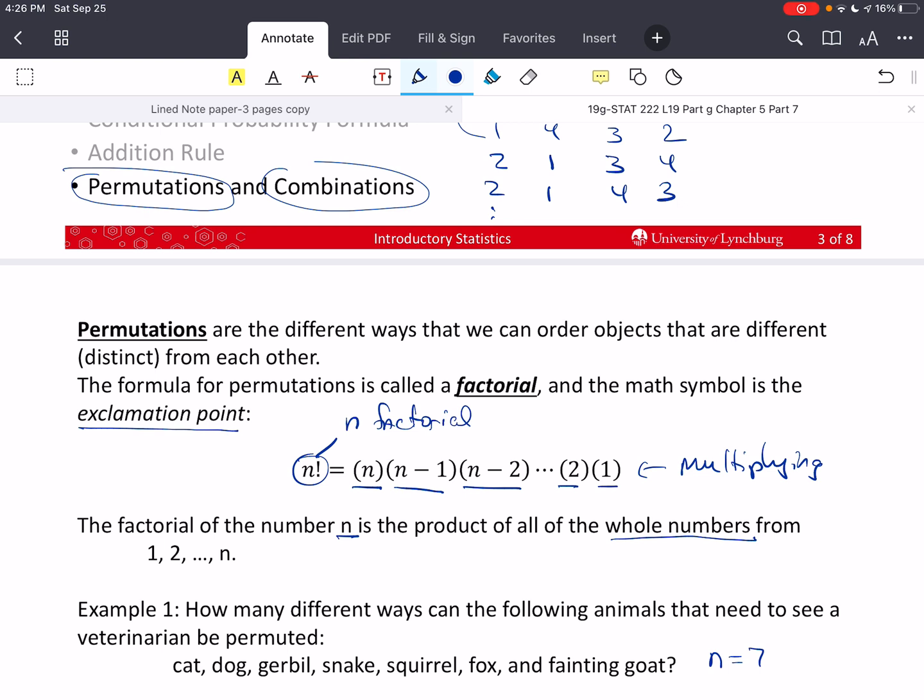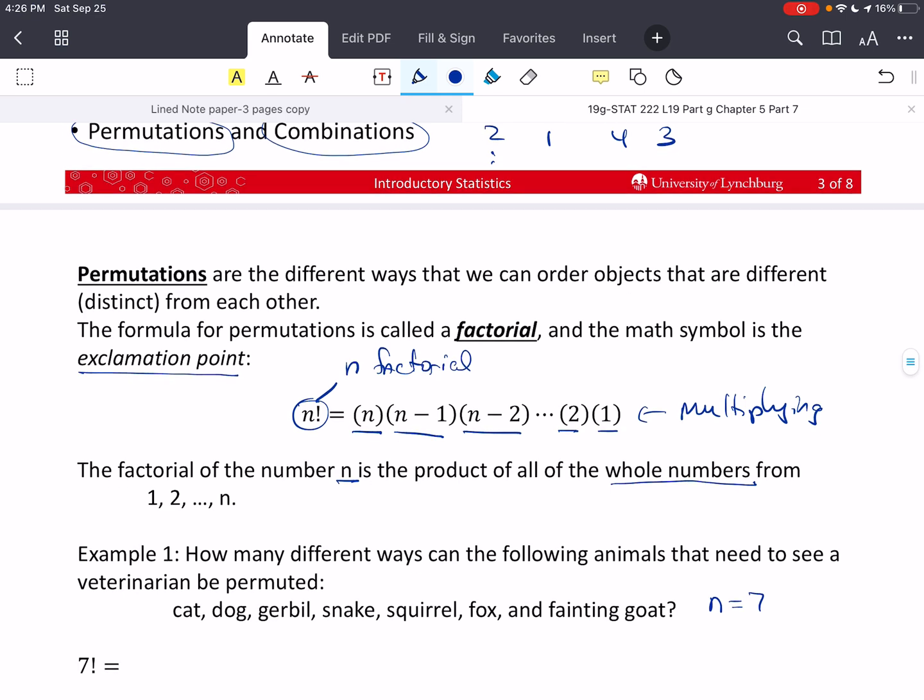And if we want to know all the different possible orders of these 7 animals that could occur, then we need to take 7 factorial. So 7 factorial, we start with 7. Then we subtract 1. This is 6, then 5, then 4, then 3, then 2, then 1.